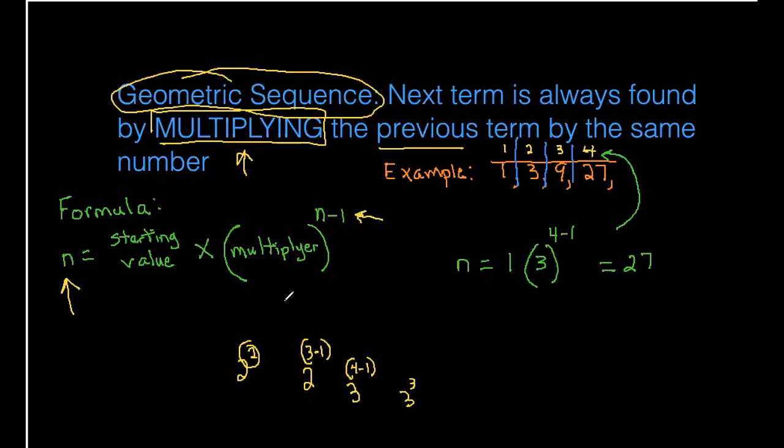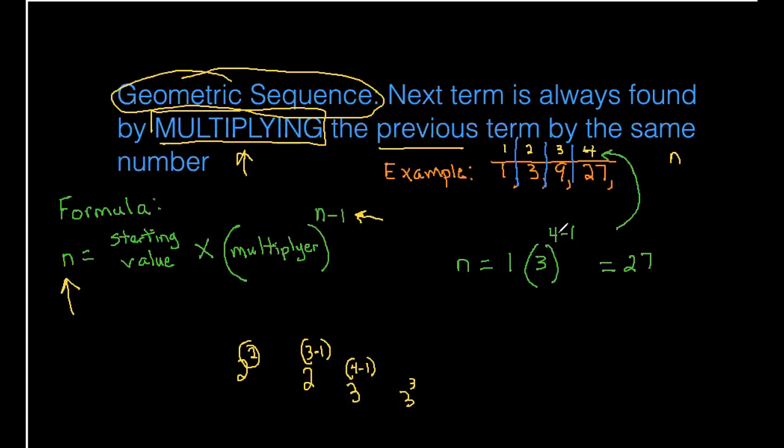All right. So let's do this. Let's jump over here to the right of the screen. Let's say I'm trying to find out the fourth term. Remember that the term is the n, okay? Well, n equals starting value, which is a 1 here, times the multiplier. We multiply by 3 each time. Here's the 3. To the, what term did we say we're trying to find? We're trying to find the fourth term.